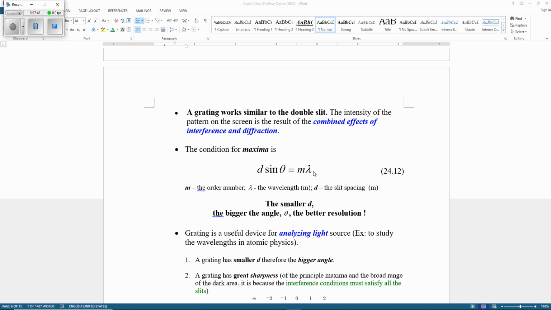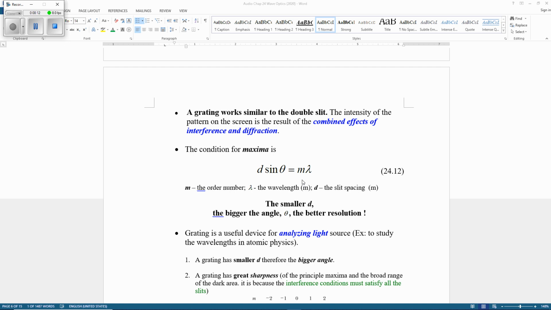And d is the spacing. Remember this is much smaller than double slit. That's about a millimeter, and this is like a micrometer.